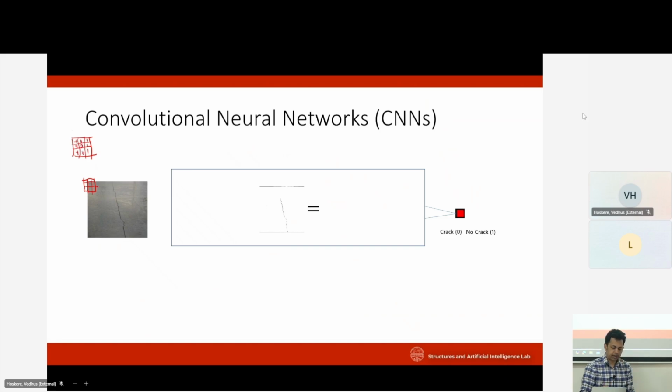Then every time I move the filter to a certain spot, I take the dot product of that filter with the part of the image that it is overlapping with. In this case, it's ones multiplied by the pixels on the right, negative ones multiplied by the pixels on the left. You add that up, and you get a single value. If there are no changes in intensity, then it's going to give you what value? 0, right? And otherwise, it'll give you some response.